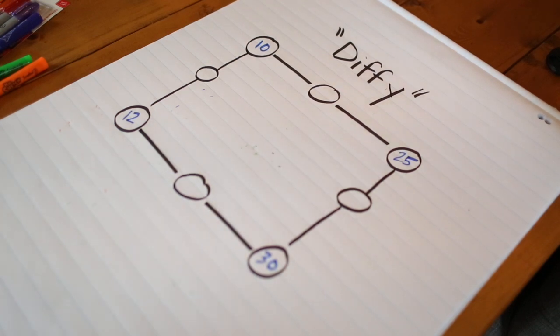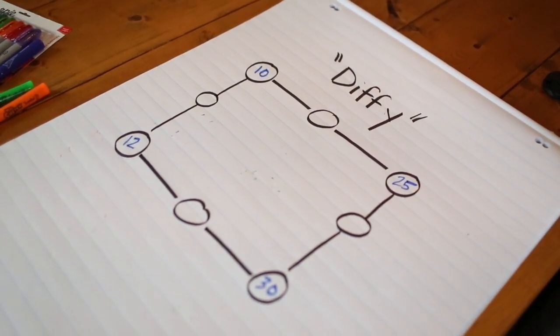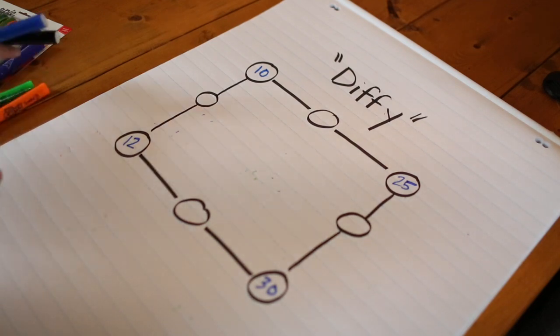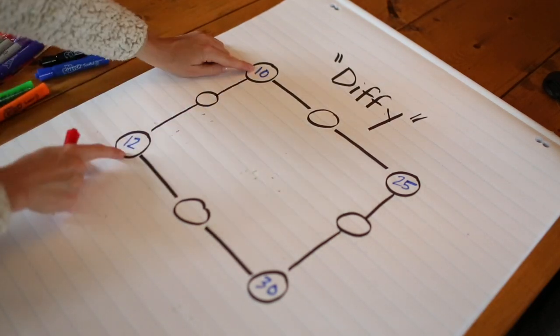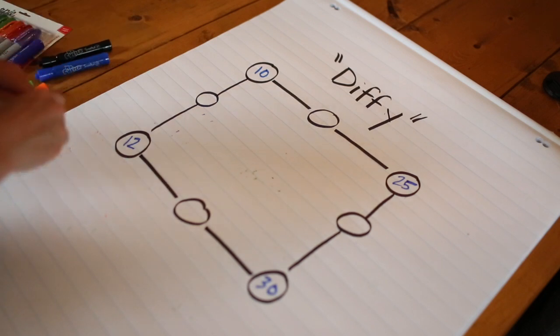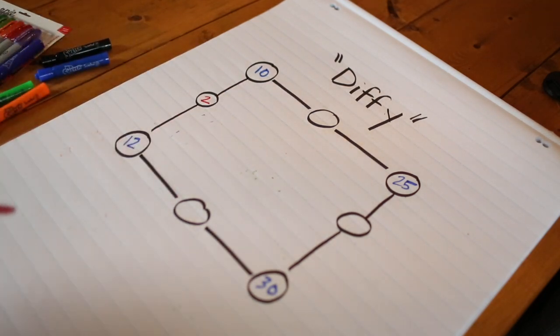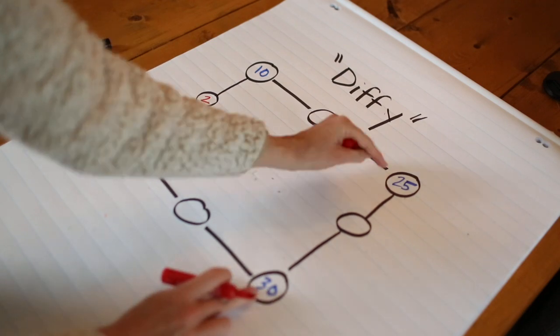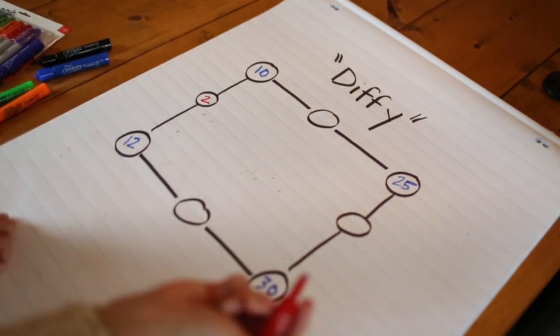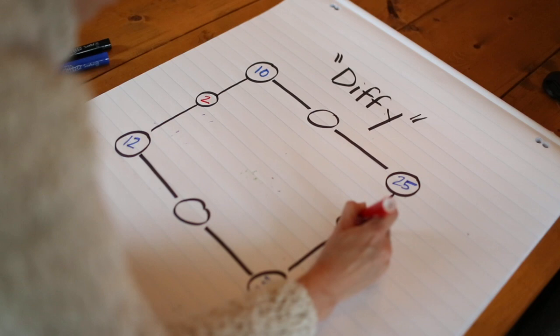With something this simple, where we use friendly numbers, right away your kids might be able to tell you, when I look at 10 and 12, I know the difference between those two is 2. And I can also look at 25 and 30, and I trust that the difference between 25 and 30 is 5.